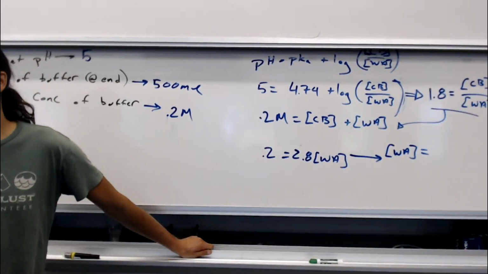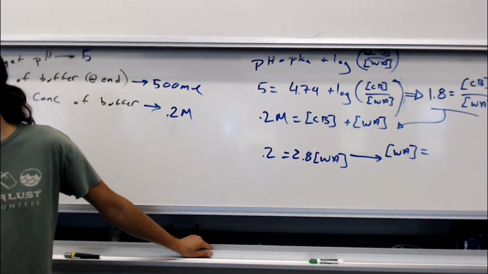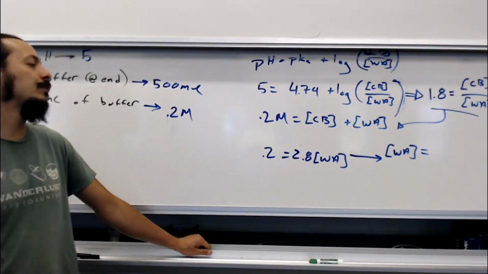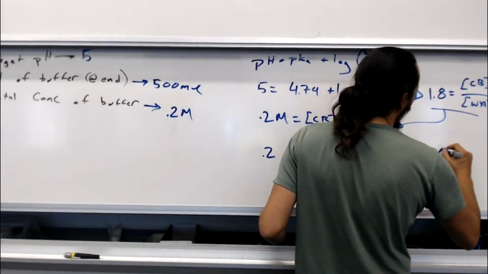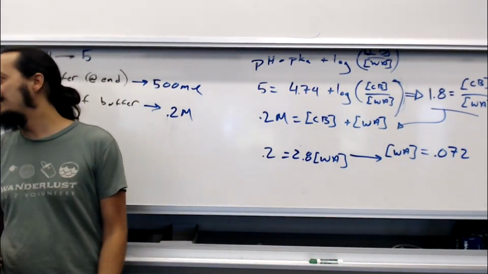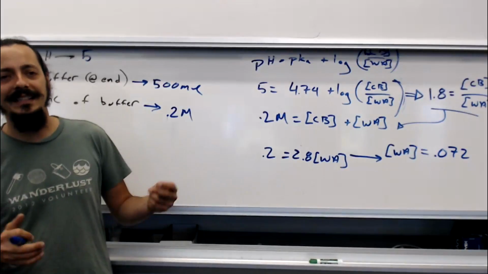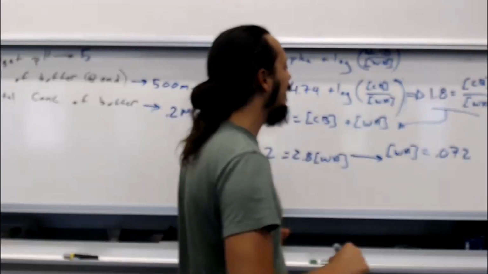I can't do that in my head. 0.62? 0.072? Yeah. Oh, yeah, that makes sense. I did 2 divided by 3, so of course I was off by a decimal point, and I went smaller instead of bigger. So that's our weak acid concentration.